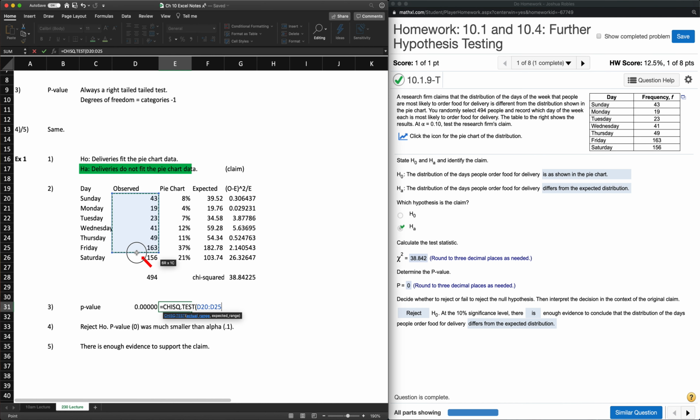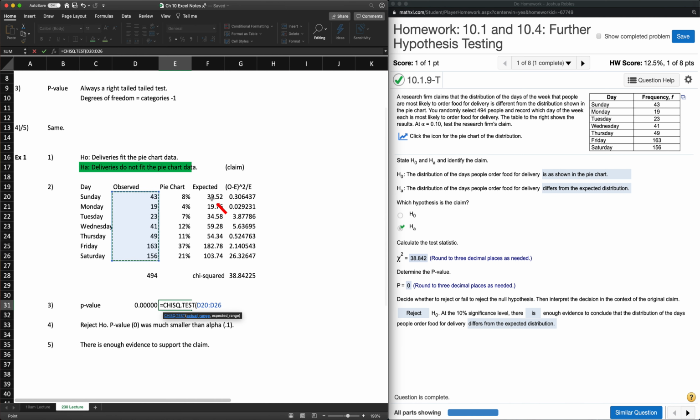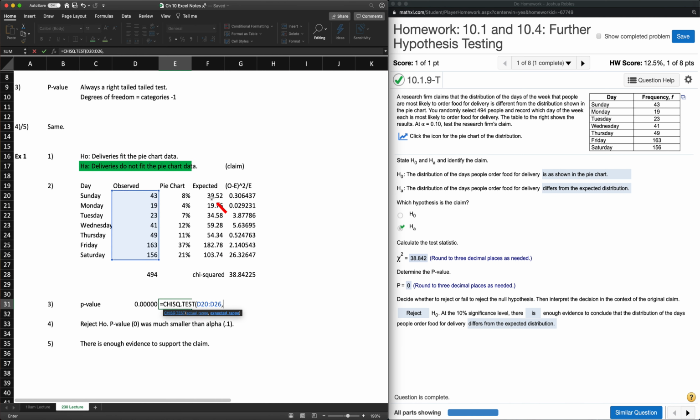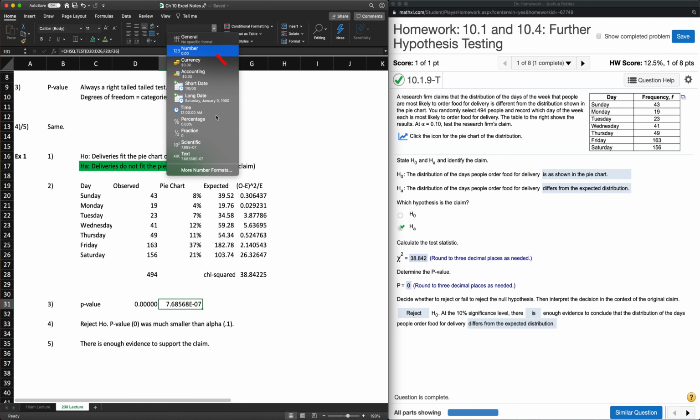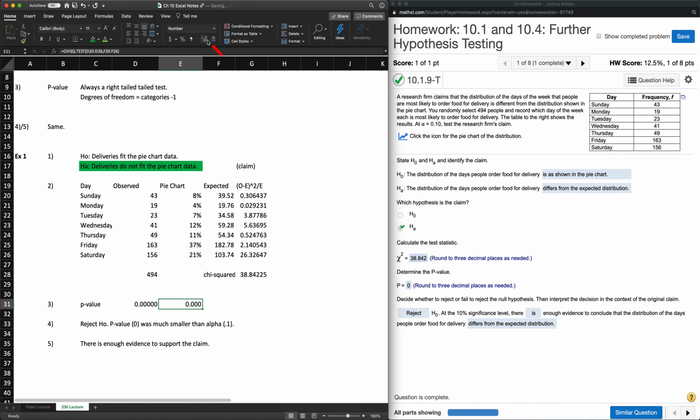So our observed values were, so it's going to say actual range. Our observed values were these ones here, and we calculated on our own the expected values here. So if I had only needed to do the p-value, I could have used this and avoided the calculation in Excel. As we can see, we're getting the same p-value here, nearly 0. Let's show a few more decimals to show these are the same.